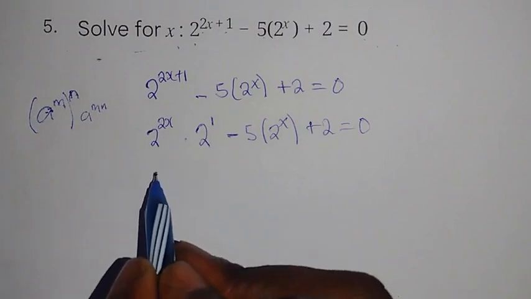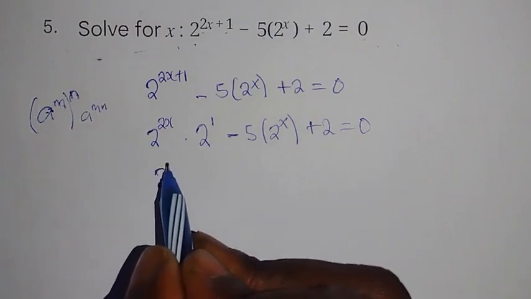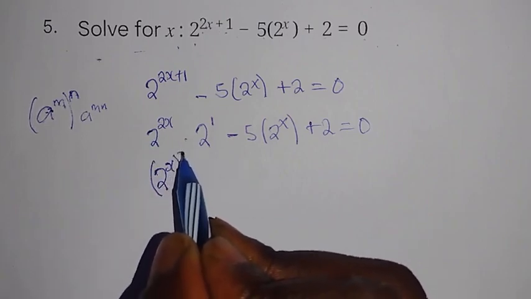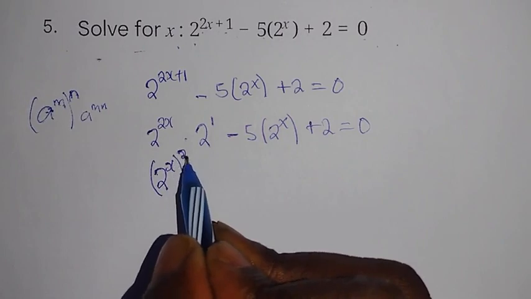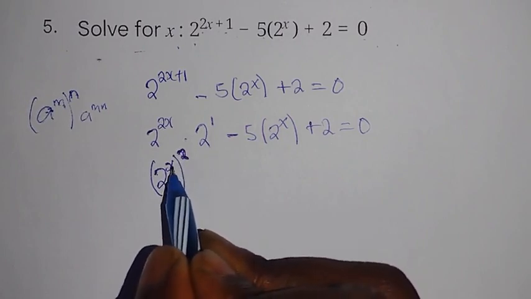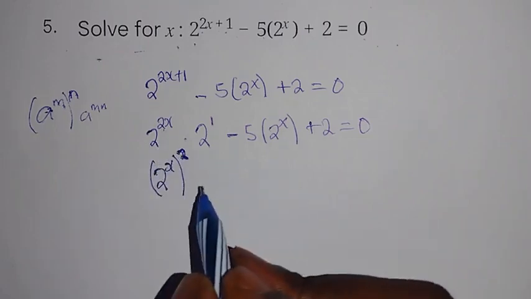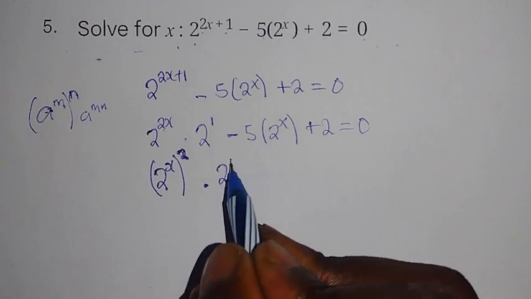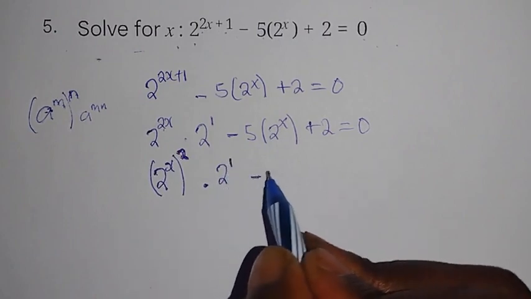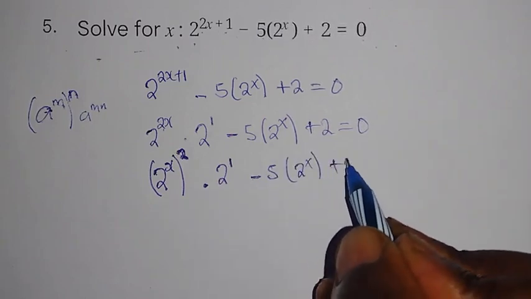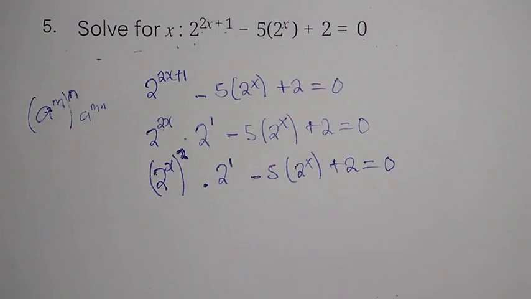I'll write 2 raised to the power of x in brackets, then I'll write the 2 here, because this 2 times this x times 2 gives me 2x, then times 2 power 1 minus 5, then 2 power x plus 2 is equal to 0.